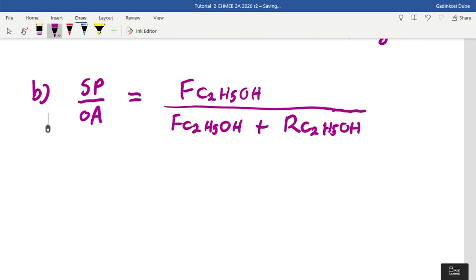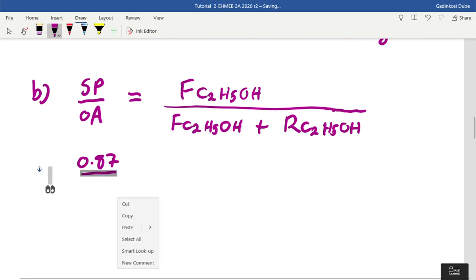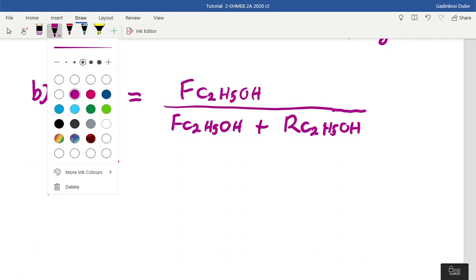Now you can quickly substitute 0.87, which is the single pass conversion, and this one is 100%, so it simplifies to 1.